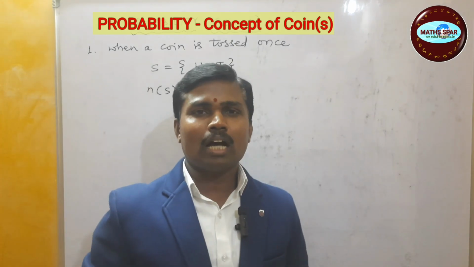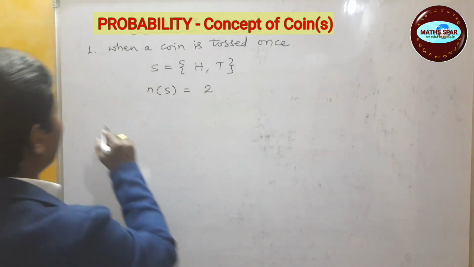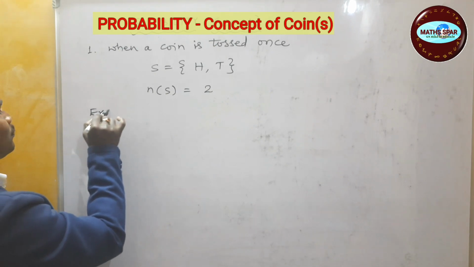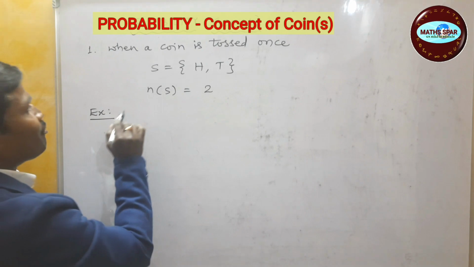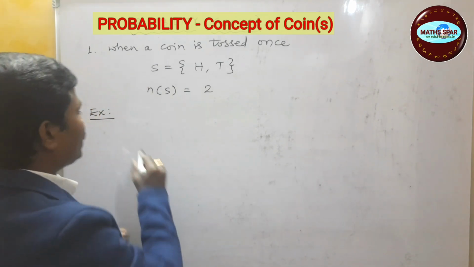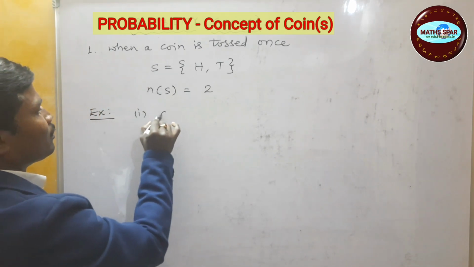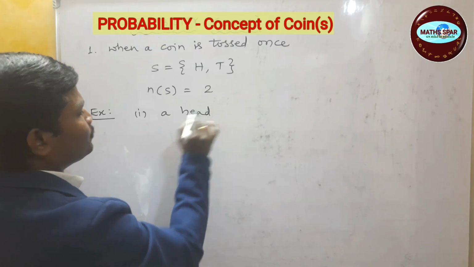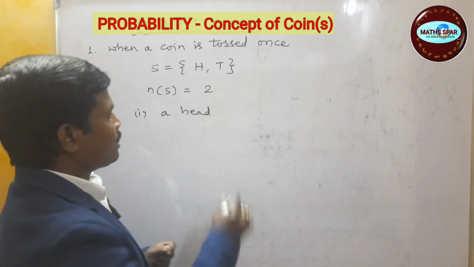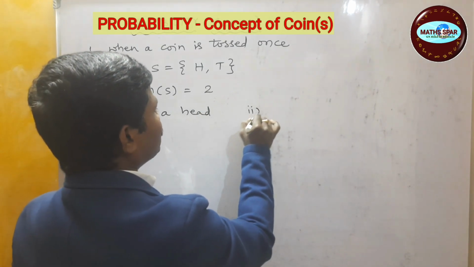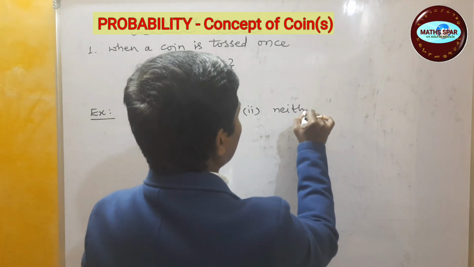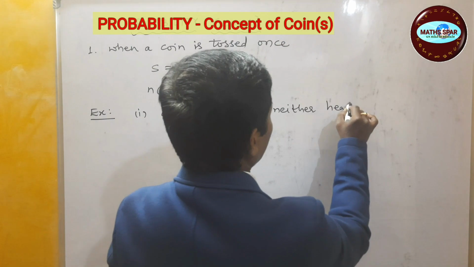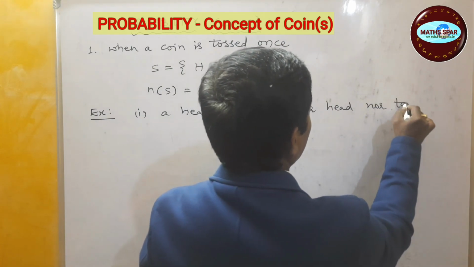Let us solve a question on this. Example: when a coin is tossed once, find the probability of getting a head. Second case, neither head nor tail.